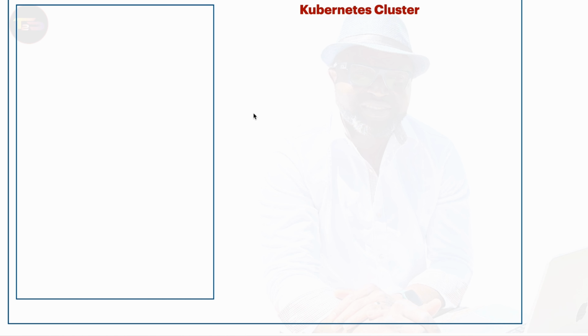When you think of a cluster, you have more than one component in that grouping of resources that you want to create. And the first one, in terms of Kubernetes, that's what we call the control plane.